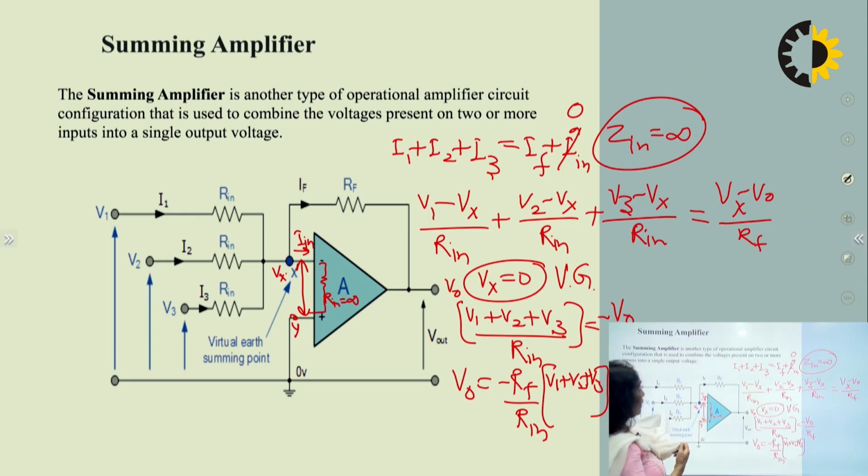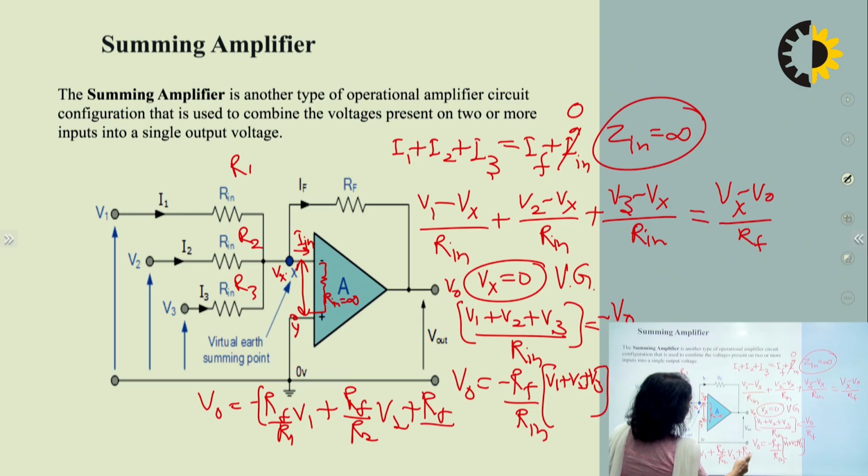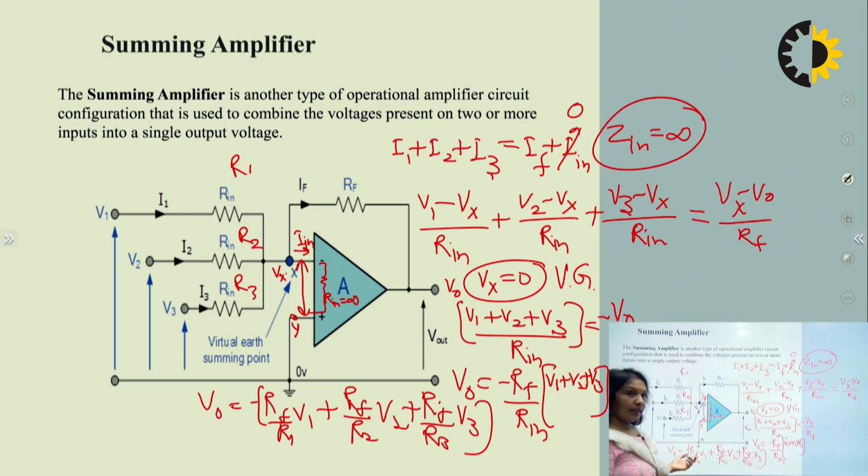In case you are not having the same resistance, then this will be R1, this will be R2, this will be R3. In that case, the output voltage will be equal to minus of RF by R1 times V1 plus RF by R2 times V2 plus RF by R3 times V3. So the individual gains will be RF by R1, RF by R2 and RF by R3.